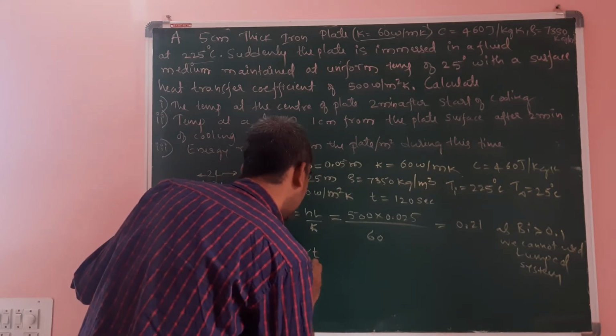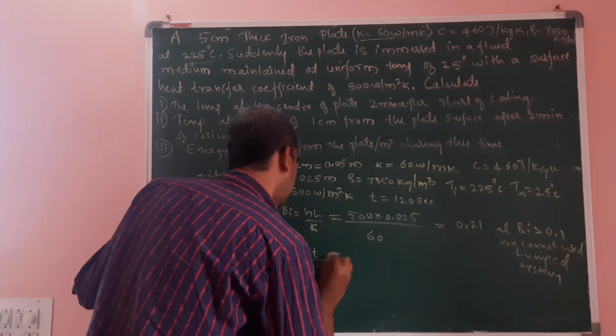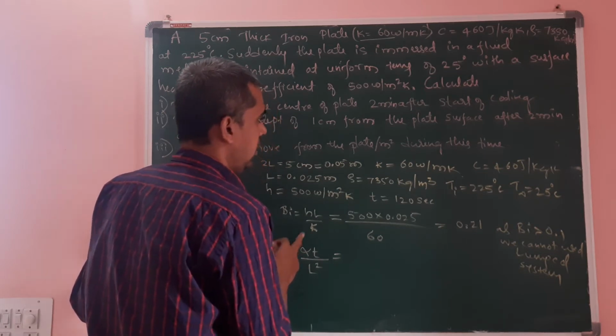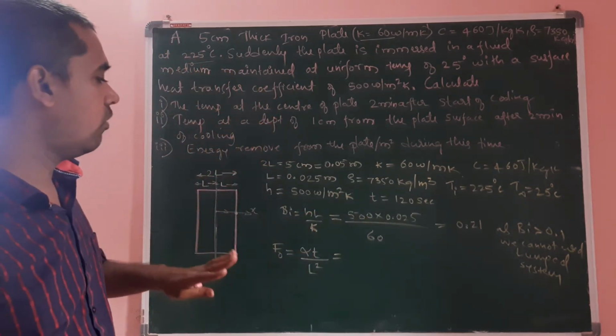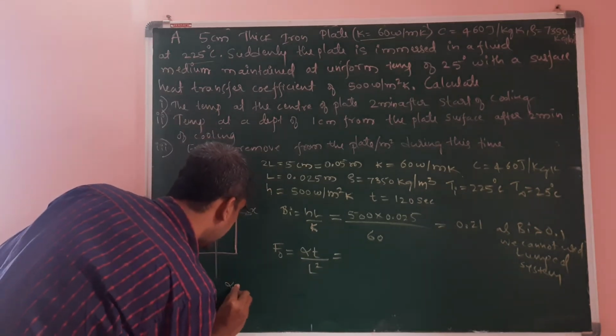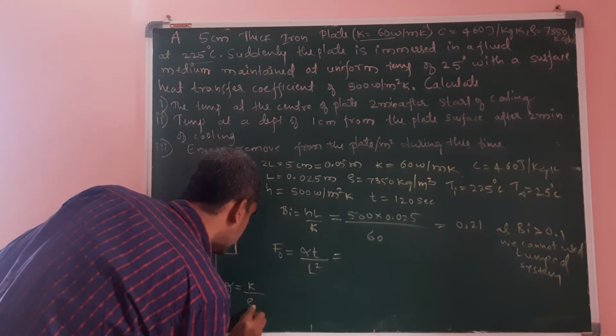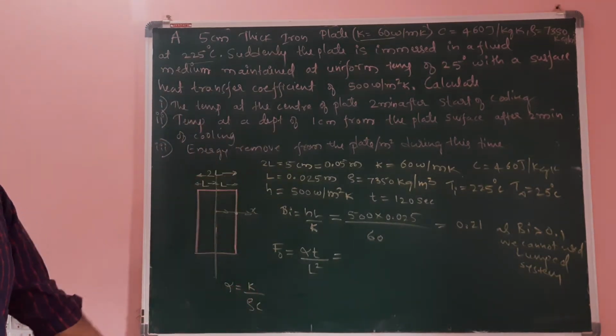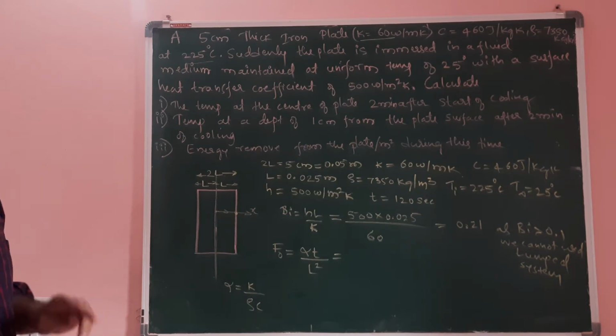Alpha we don't know. What is alpha? Alpha is thermal diffusivity. Alpha can be calculated by K divided by rho C. K we know, rho we know, C we know.